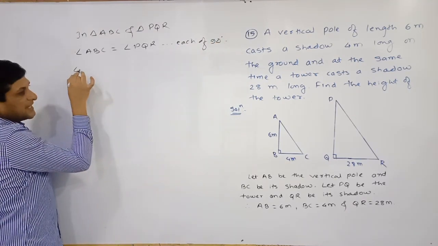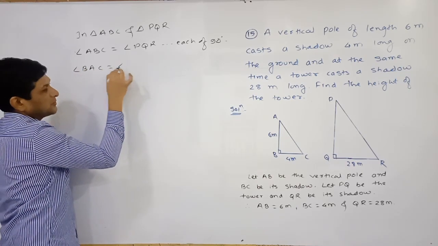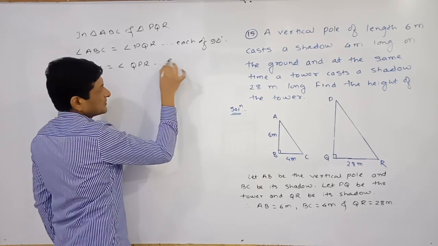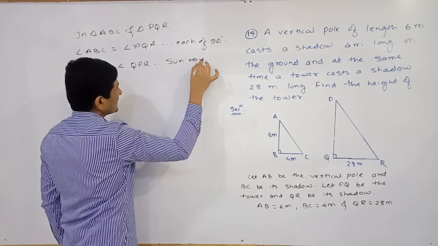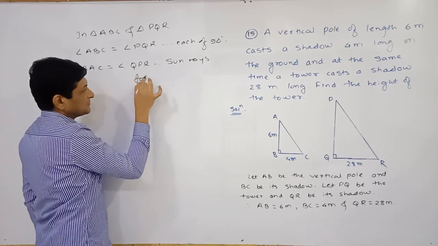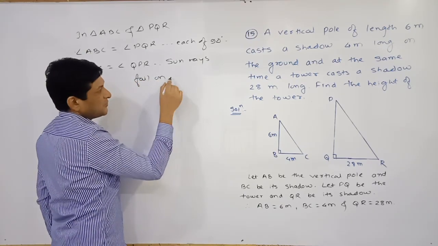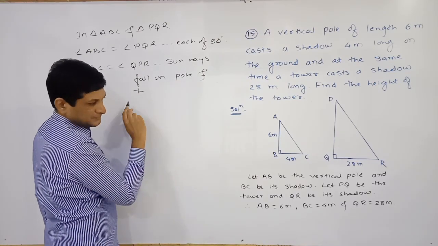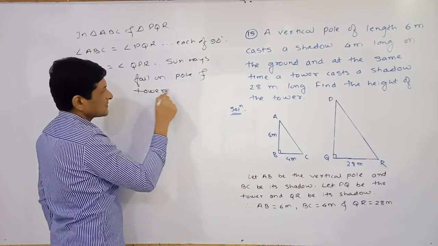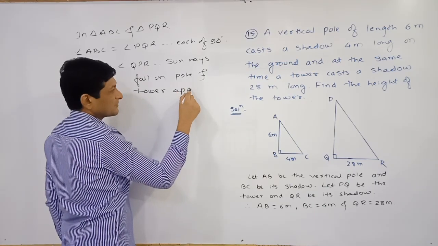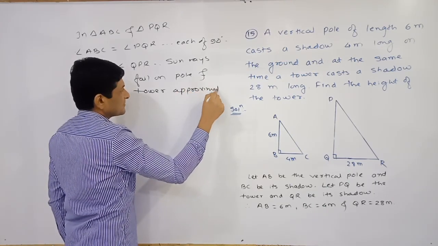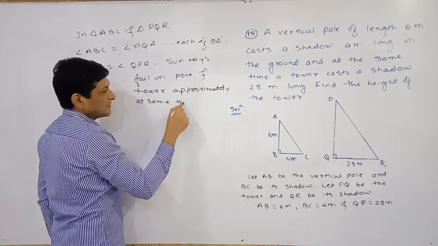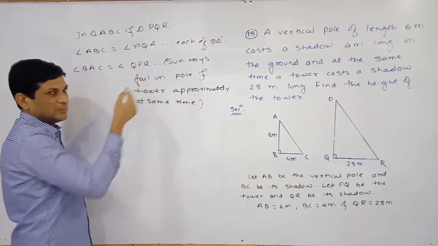And even we can say that angle BAC will be equal to angle QPR, because sun rays fall on the pole and the tower approximately at the same time, and that's why these two angles are equal.